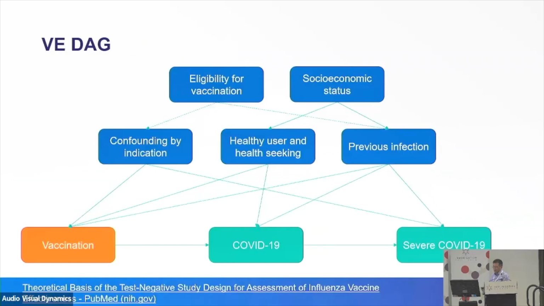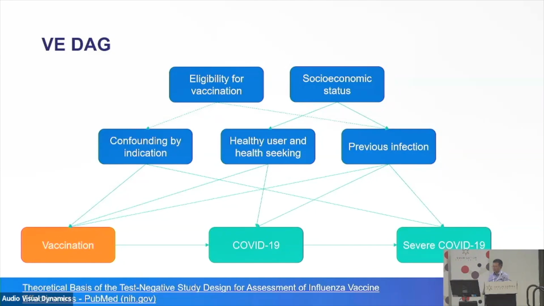Sheena Sullivan tells me that there are a lot of papers on this coming down the line, but the best paper is actually her one from pre-pandemic, where she considered a lot of these directed acyclic graphs in the assessment of influenza vaccine effectiveness in the context of test negative studies.